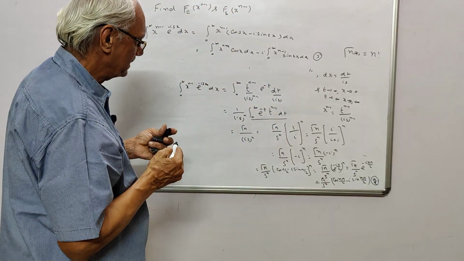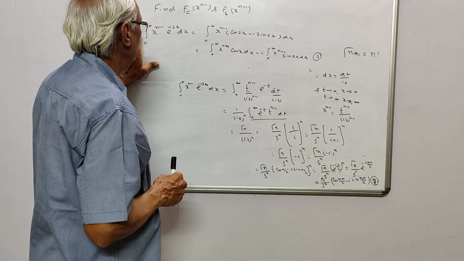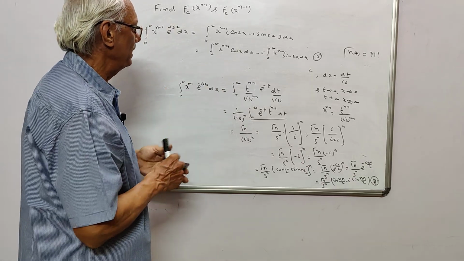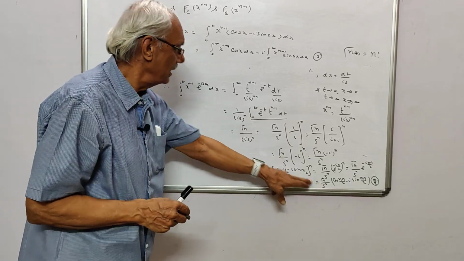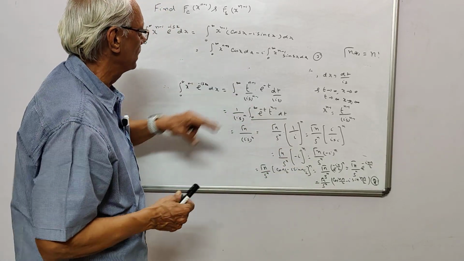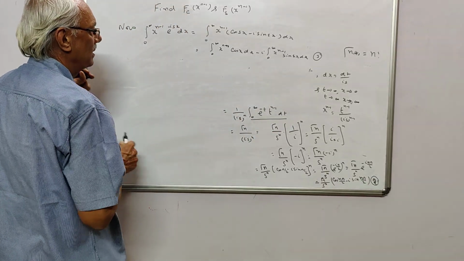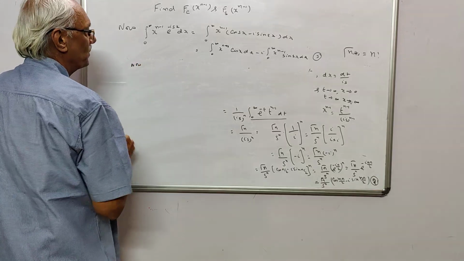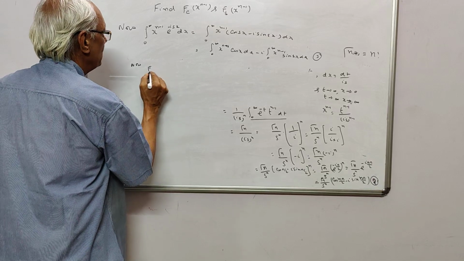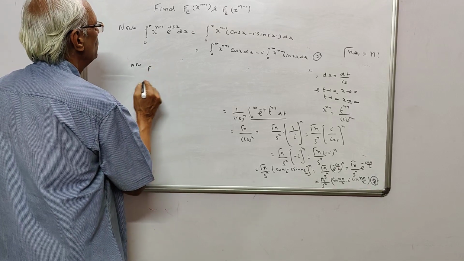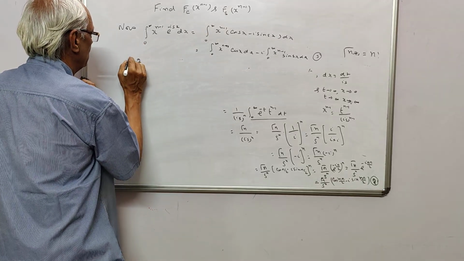So you see that this is what I get. I have got this third result. This is also equal to this, and the very same integral is also equal to this. Now you can multiply this by 2 by pi on both sides.